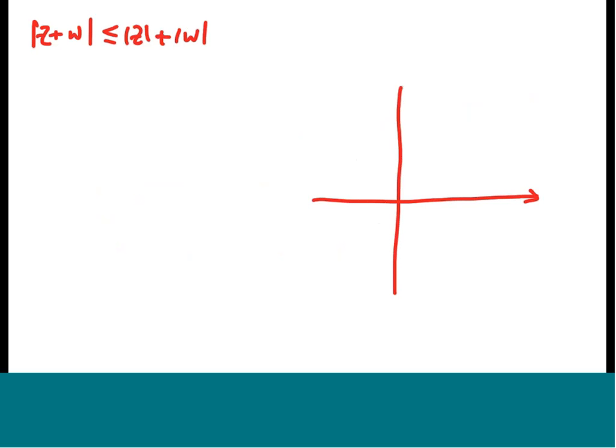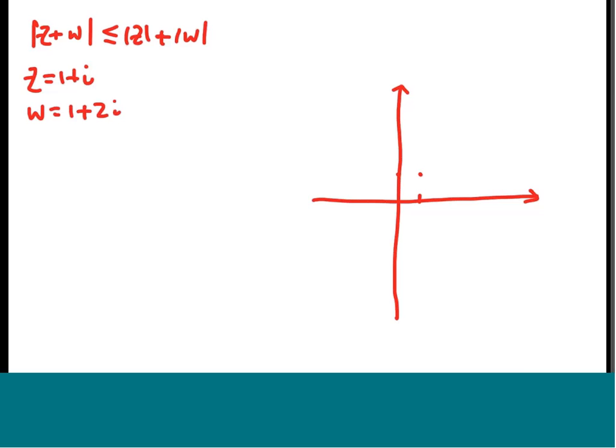This one says the modulus of Z plus W is always less than or equal to the modulus of Z plus the modulus of W. Let me explain a little bit. Let's say Z equals 1 plus i, W equals 1 plus 2i. So Z is basically here.